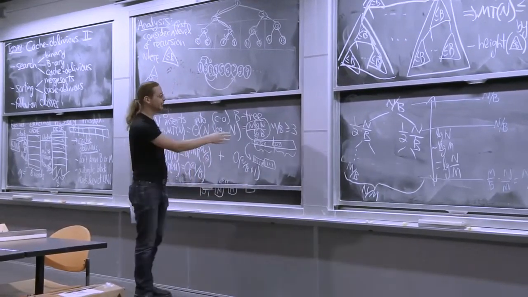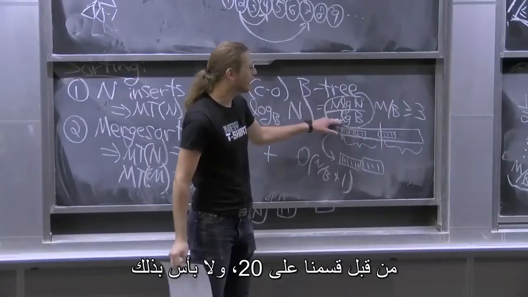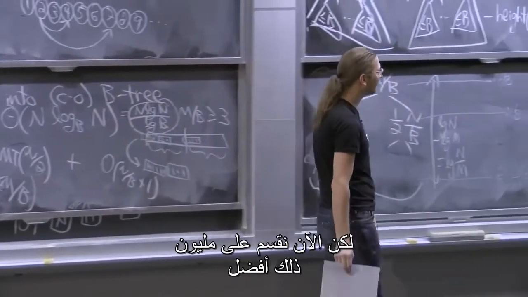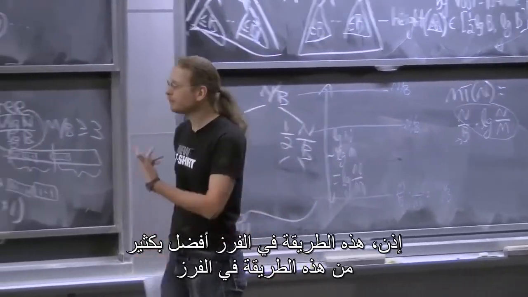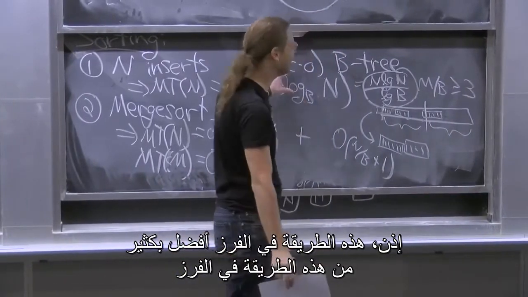Think of b being like 1,000,000. So before we were dividing by 20, which is okay. But now we're dividing by 1,000,000. That's better. So this way of sorting is so much better than this way of sorting.